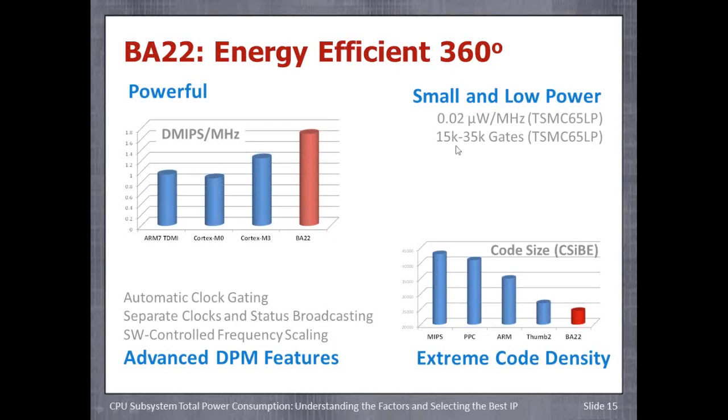It is relatively small and low power, so its milliwatts per megahertz ratings are pretty competitive. And it supports advanced dynamic power management features like automatic clock gating, separate clocks for its main units, and status broadcasting, and also allows software-controlled frequency scaling.